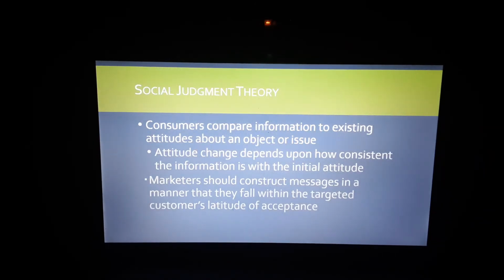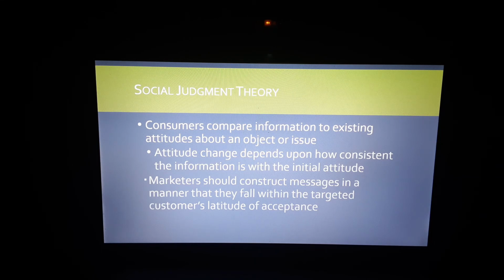All right, then there's also this idea of social judgment theory, that consumers compare information to existing attitudes about an object or an issue. So again, this whole idea of consistency, that attitude change depends upon how consistent the information is with the initial attitude or their initial feeling about something.